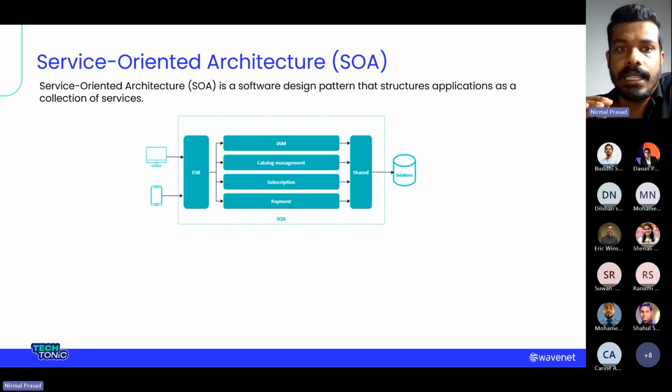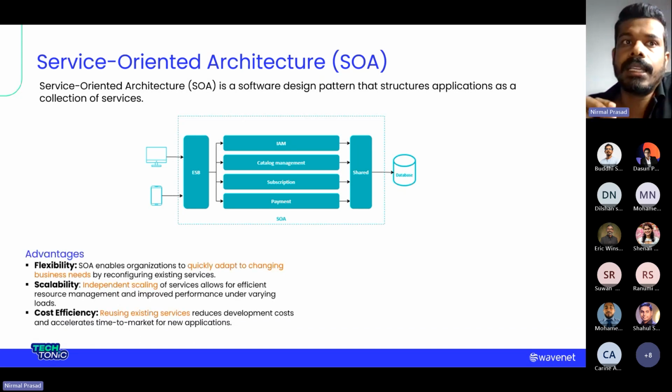For example, you can use one layer for identity and authentication handling, and one layer for catalog management. So that flexibility is there to manage. This is the same as the previous one, but a little more advanced, because each layer handles one complete business logic. Then this architecture is better than the previous one.